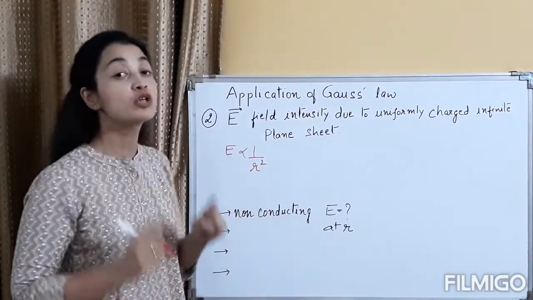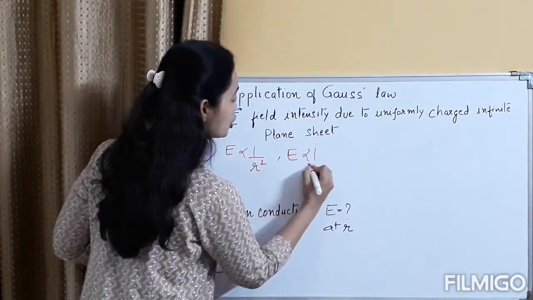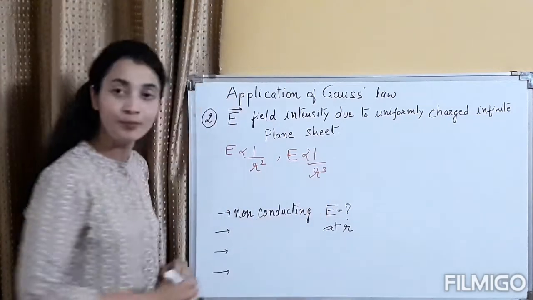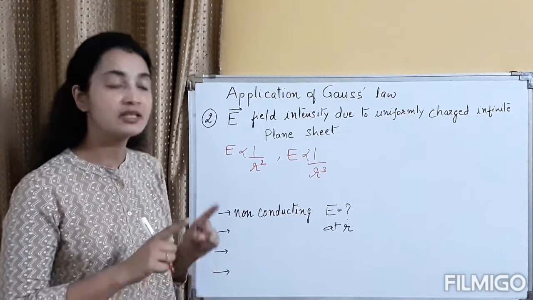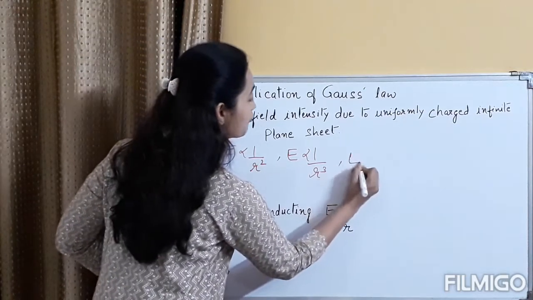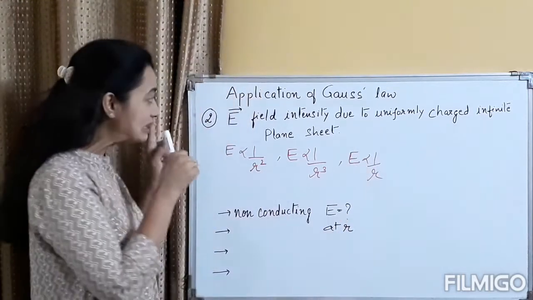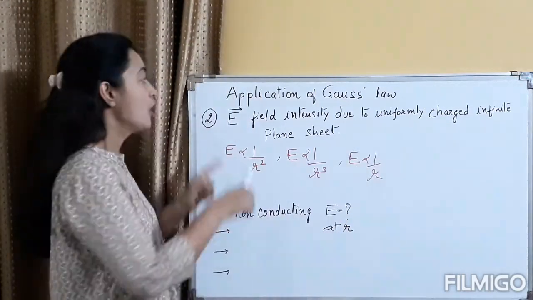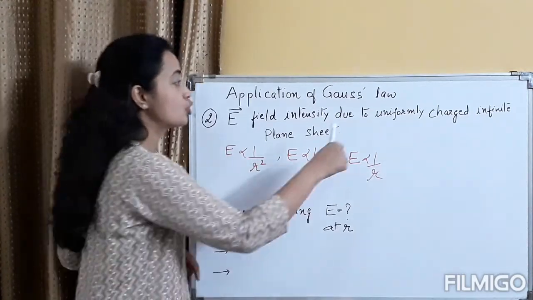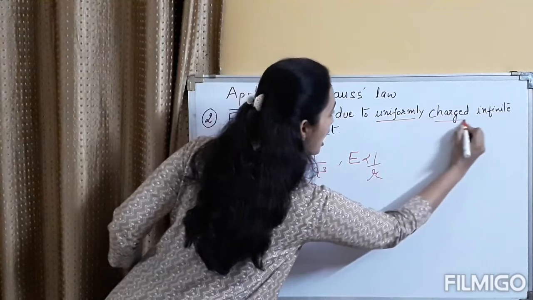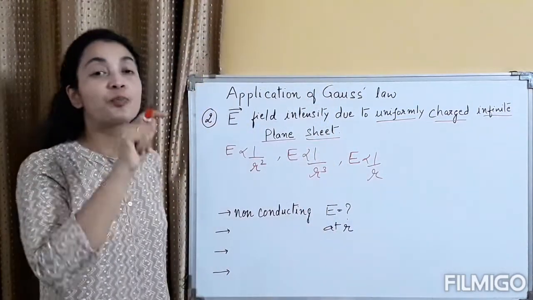When we talk about a short dipole, then electric field is proportional to 1 by r cube. When we talk about a line charge of uniform charge density, there the electric field is proportional to 1 by r. But this particular application of Gauss theorem, where we are trying to find the electric field intensity due to a uniformly charged infinite plane sheet, is a special case.